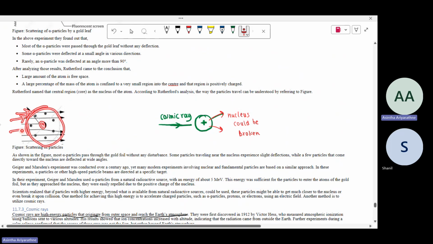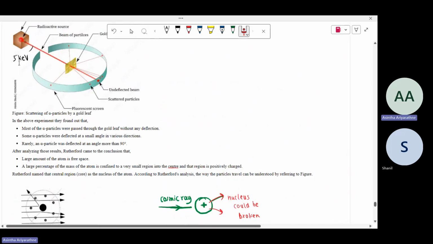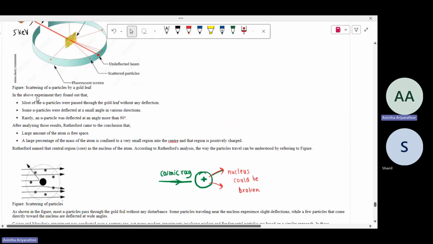Alpha particles have energy of only around 5 kilo electron volts. So the alpha particles that travel far away from the nuclei would not get deviated. They would just follow a straight line, denoted by this middle dark red line.